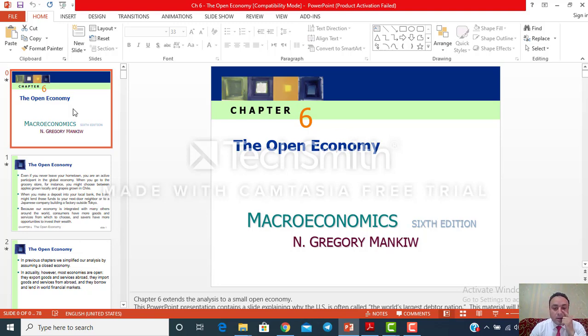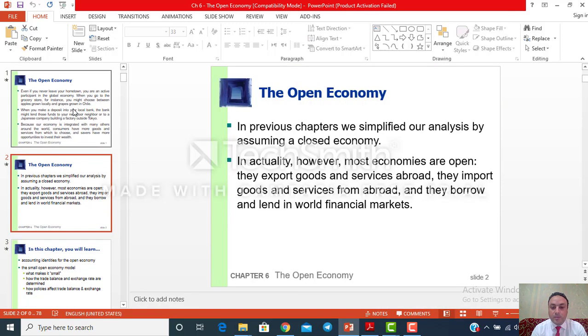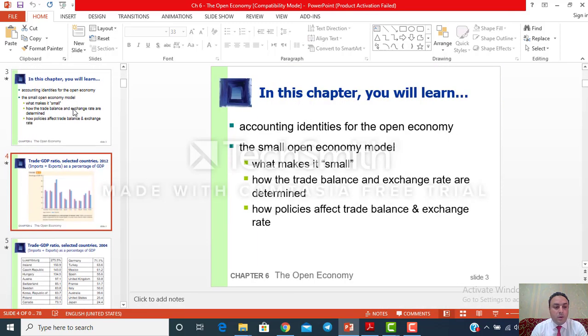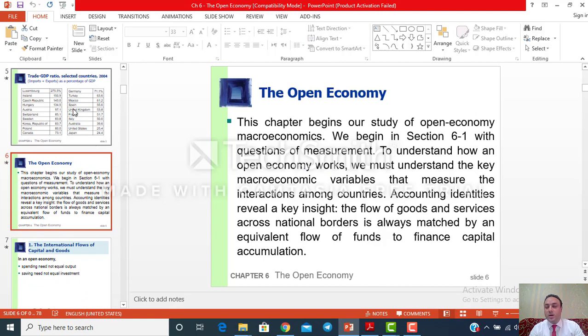We saw in the first section of this chapter the trade balance and the difference between exports and imports. When the exports are more than the imports, we have a trade surplus. When the imports are more than the exports, we have a trade deficit.